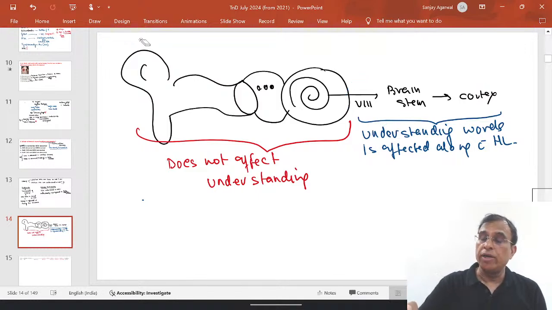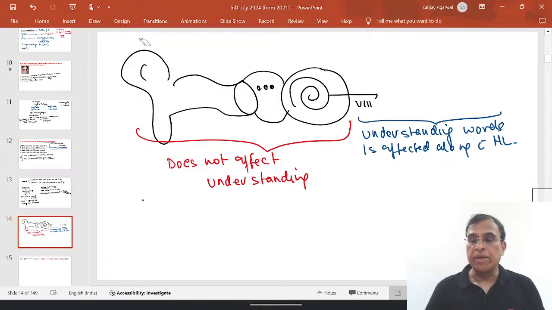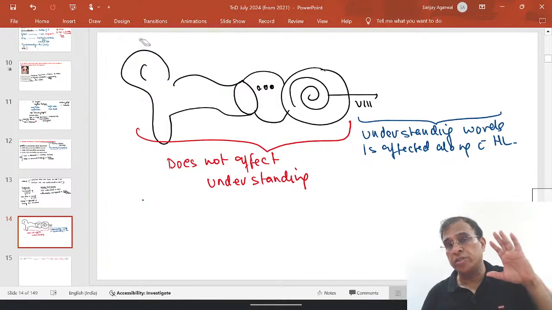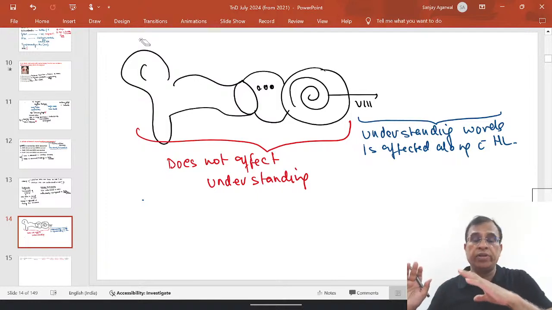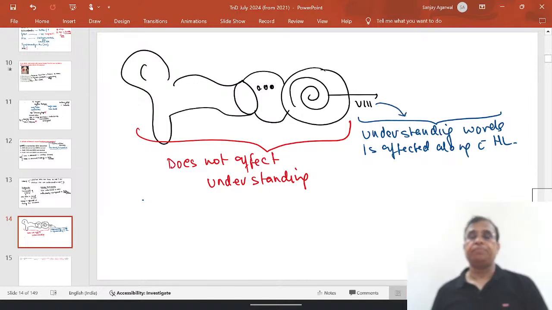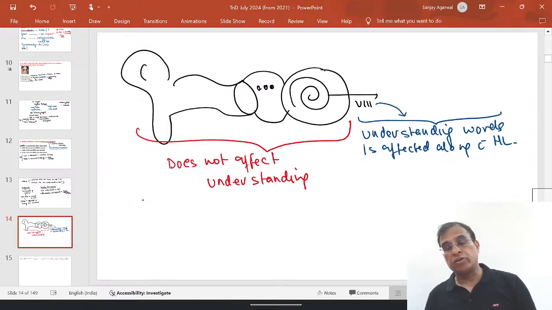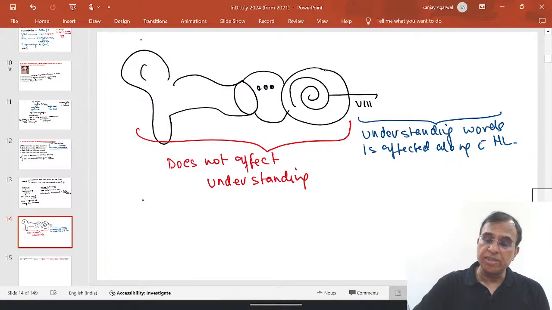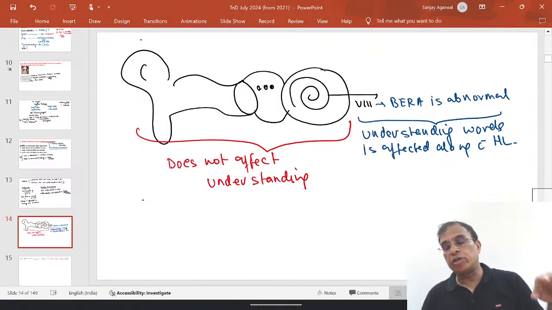In ENT we don't discuss brainstem and cortex because that is the domain of the neurosurgeons and neurologists. From the ENT point of view, eighth nerve disease has this problem. Eighth nerve disease is called retrocochlear disease. So, in retrocochlear disease, BERA is abnormal, and the understanding of the word is also affected.